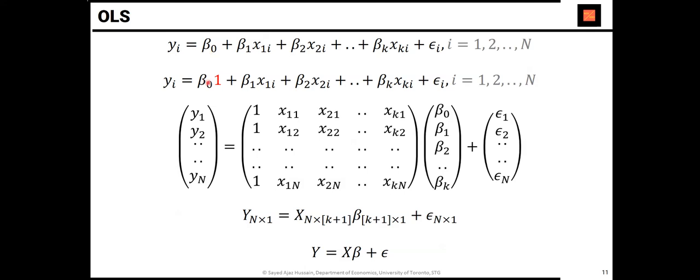So the actual number of variables is k plus 1. If somebody had to imagine an Excel spreadsheet with what the data would look like, beta 0 corresponds to a bunch of ones, beta 1 corresponds to this column of data right here, and so on. So you can write down this OLS model as y is equal to x beta plus epsilon.